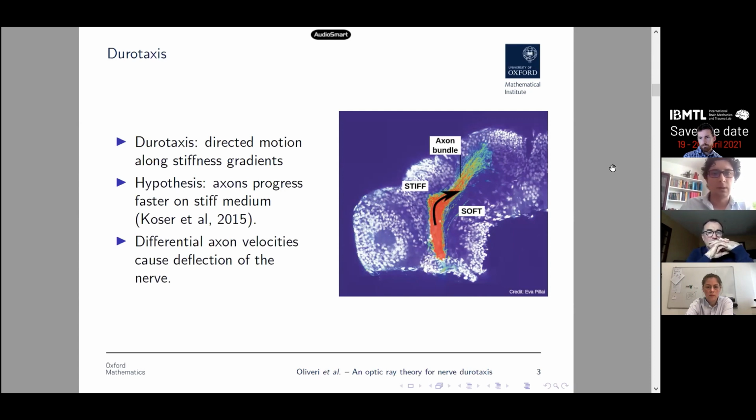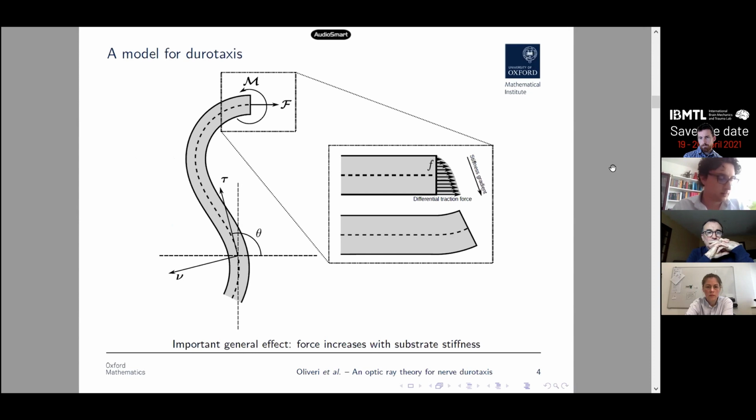In order to gain a more rational understanding of this process, Alain and I started to develop a model for this phenomenon. In this model, we assumed that all axons were tightly coupled mechanically.